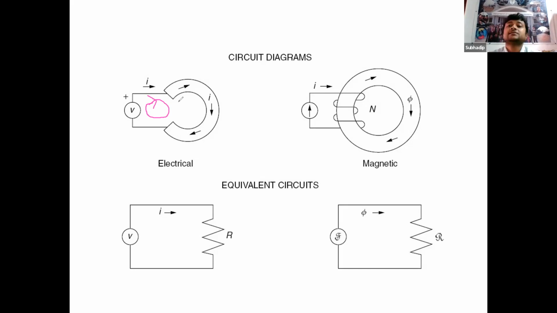So in an electrical circuit, you have to close the circuit. So you see, this is a closed circuit, this is the path where it is connected, and I is flowing through this path.